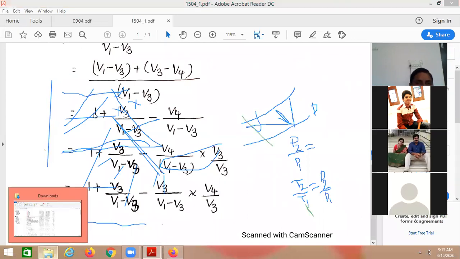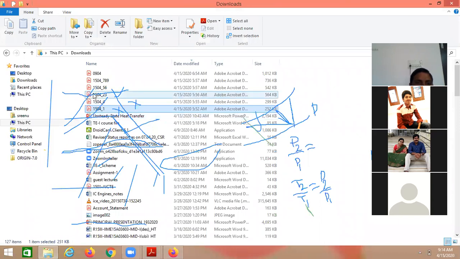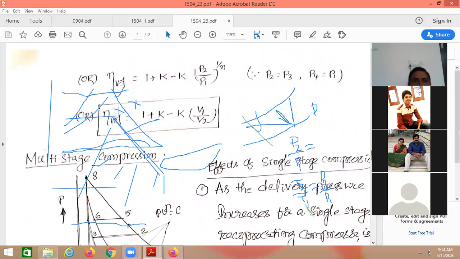So in continuation, volumetric efficiency equals 1 plus K minus K, because K is already defined as the clearance ratio, times V4 by V3. V4 by V3 is written as P2 by P1 whole power 1 by N. Why?